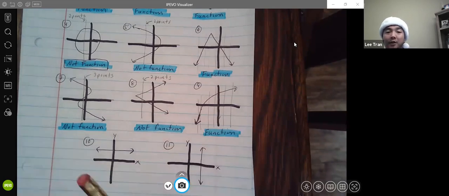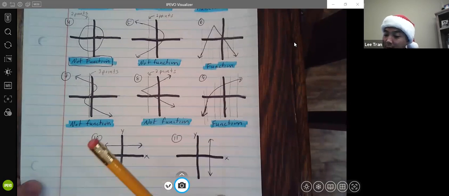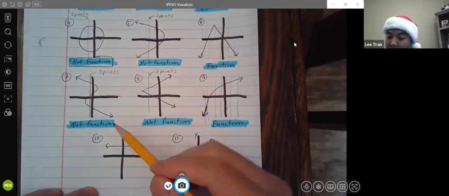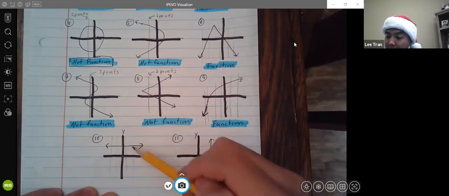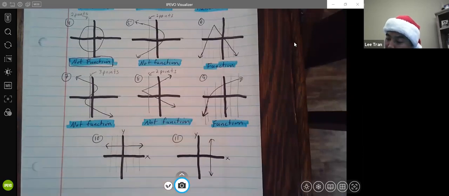All right, then the last two. Number 10, if I draw a vertical line, it's only going to hit 1 point. Any vertical line I draw is only going to hit 1 point. So this is a function.